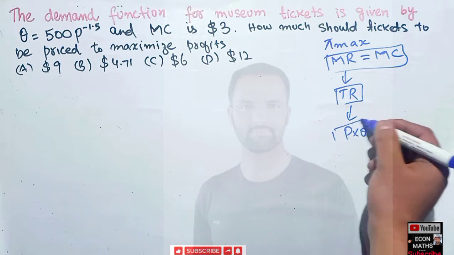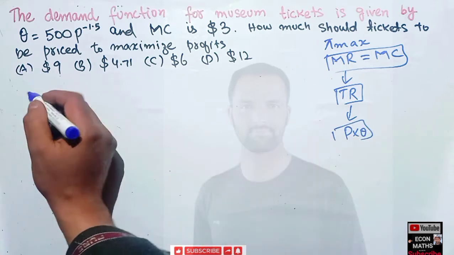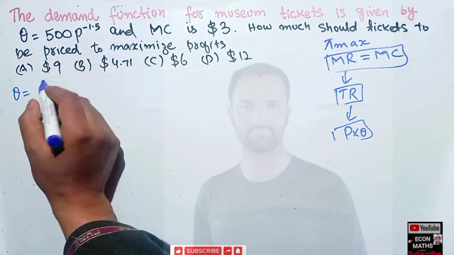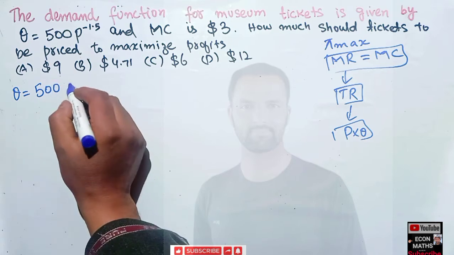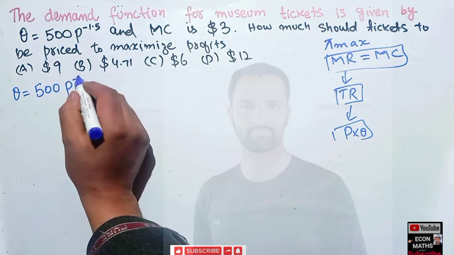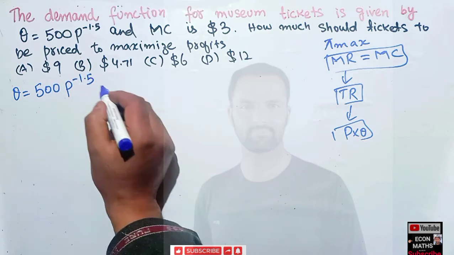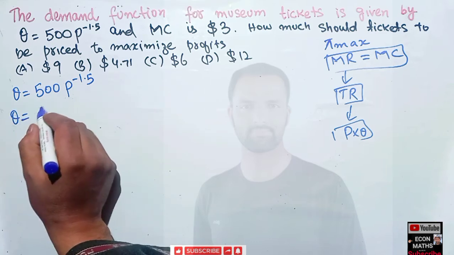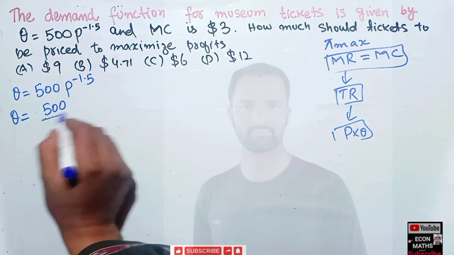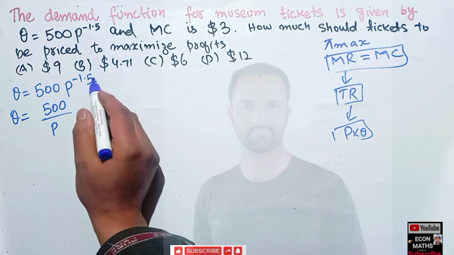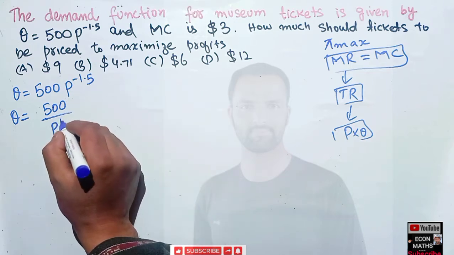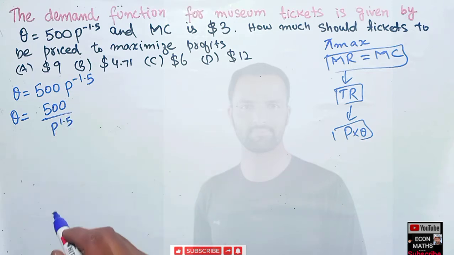Okay, simply now we have here Q is equal to 500 p to the power minus 1.5, and this can be written like this: Q is equal to 500 upon p to the power 1.5.